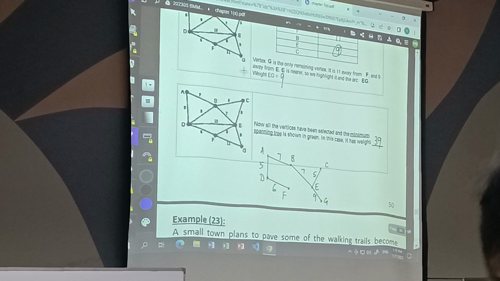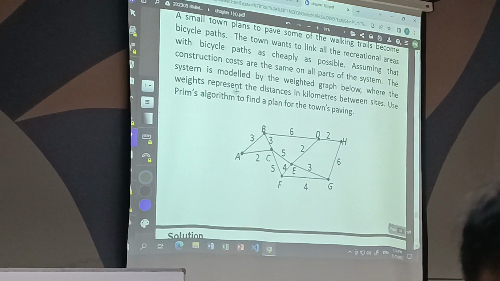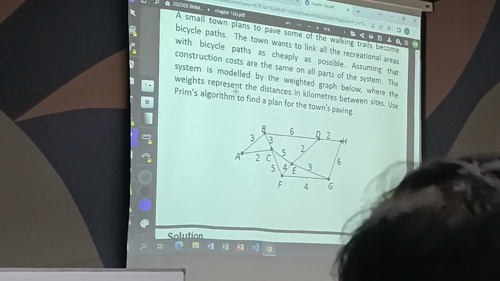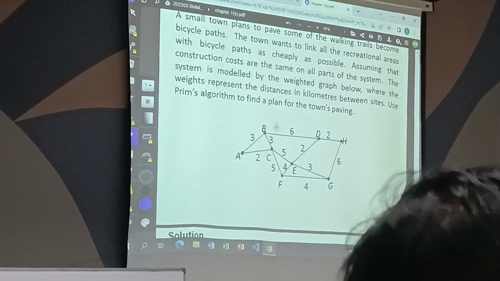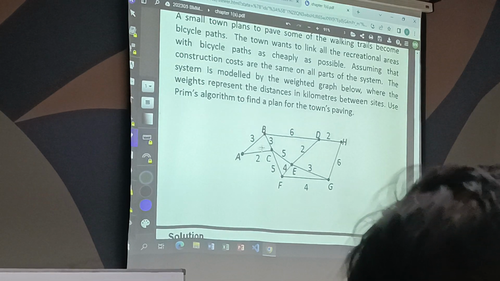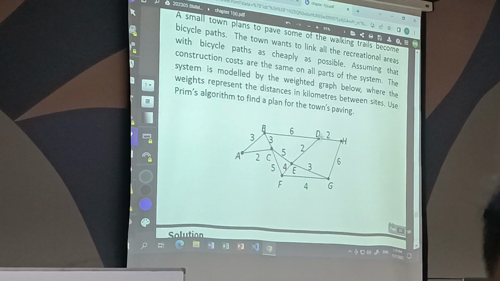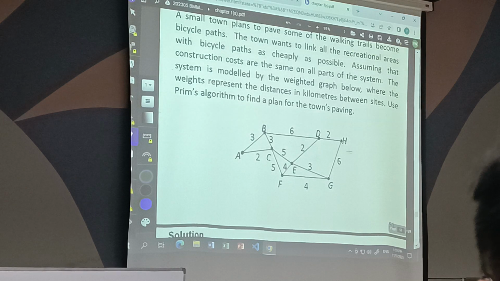Okay? Now, you have another example here. This one is to construct the bicycle path. So they want to minimize the cost. And these are all the costs, let's say, in between every vertex. You see here, A, B, C, D, E, F, G, H. So you have all the costs given here.